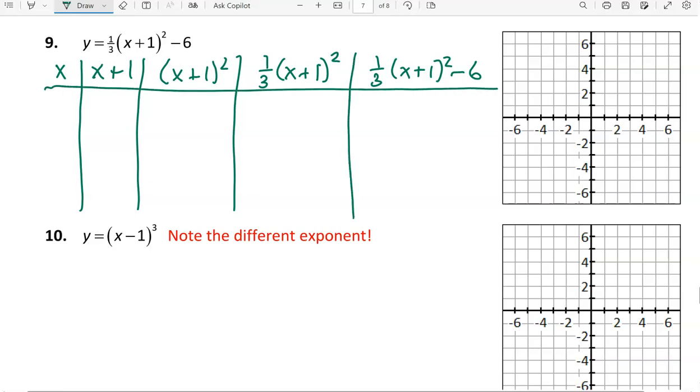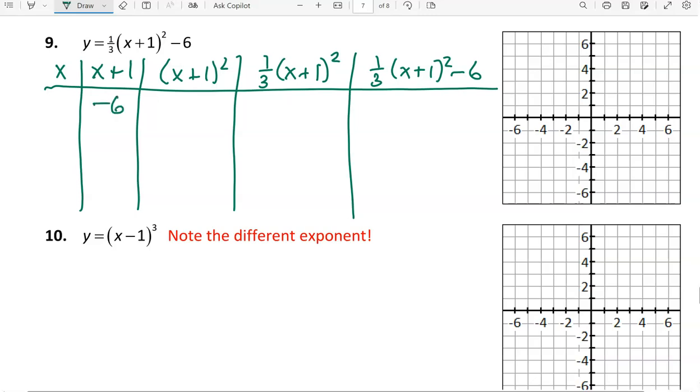Since I'm multiplying each of these squares by 1/3, I should probably pick multiples of 3 to square, and I want to pick some numbers to square that are negative and some that are positive so that I see the turning point of this graph.